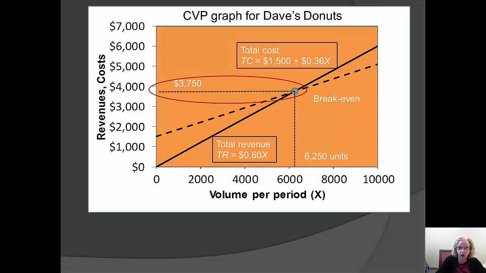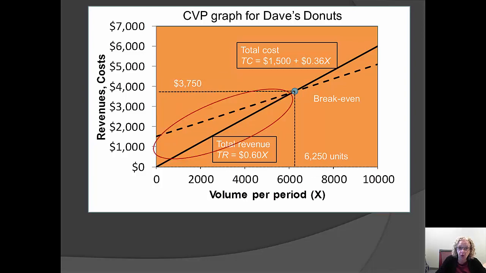And if you project across, you can see that break-even occurs at $3,750 of sales revenue. That's the place where we sell just enough units to cover all of our costs.